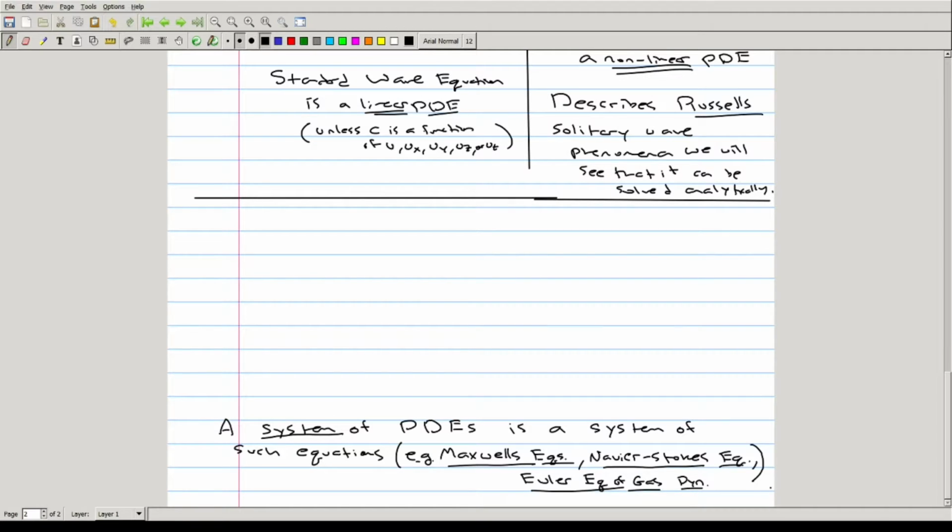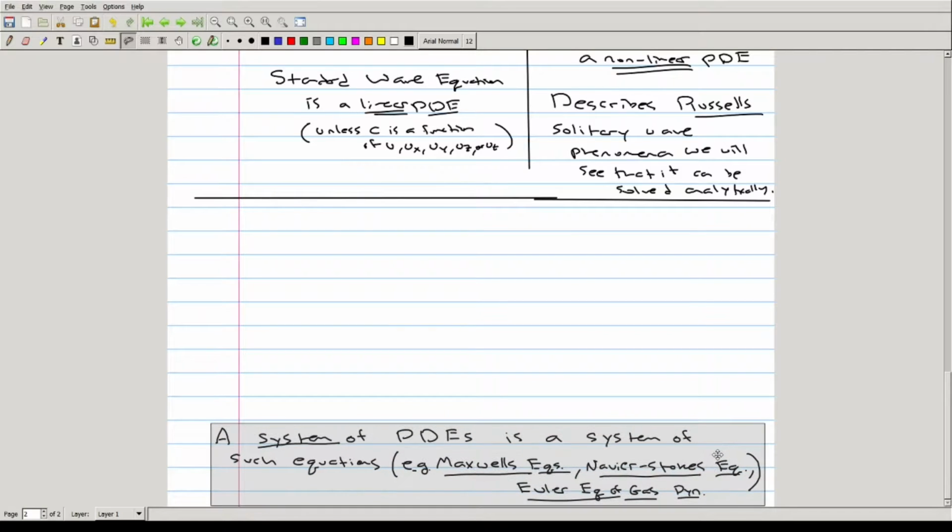The Navier-Stokes equation is actually a $1 million prize offered up by the Clay Mathematics Institute if you can prove or disprove the existence of such solutions in 3 dimensions of space plus time. So it's a very, very, very difficult problem to prove anything about these in general analytically.